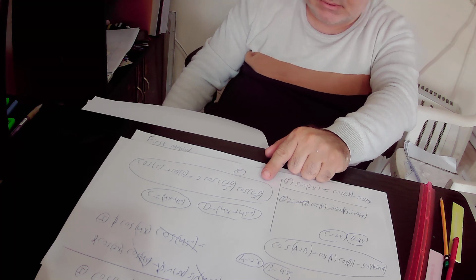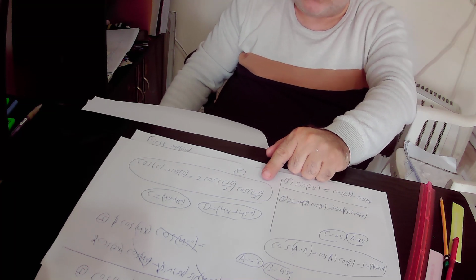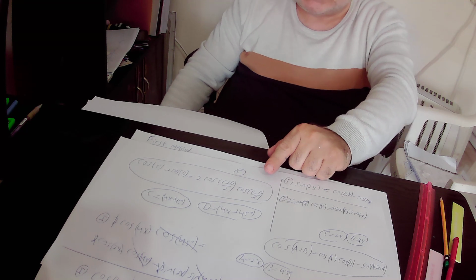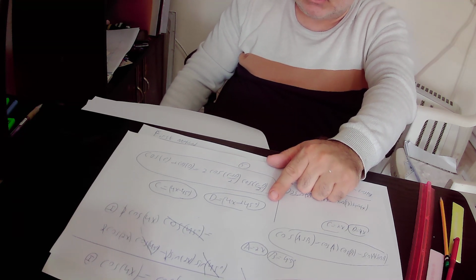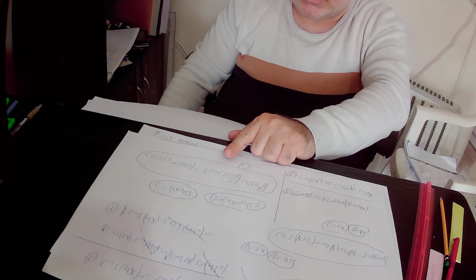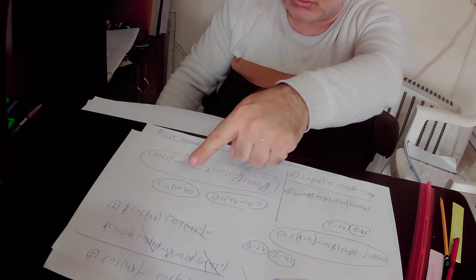In our specific expression, C equals 4x minus 45 degrees and D equals 4x plus 45 degrees.